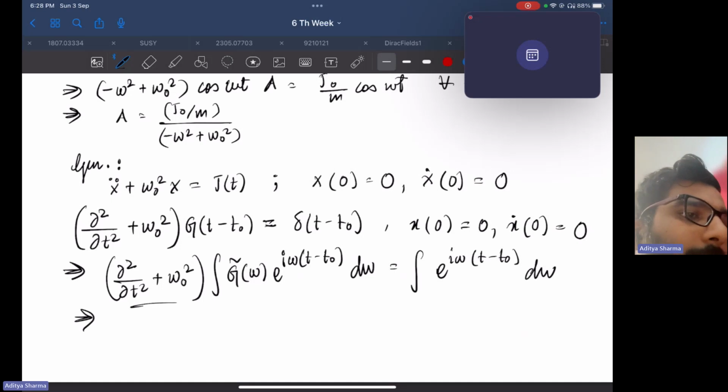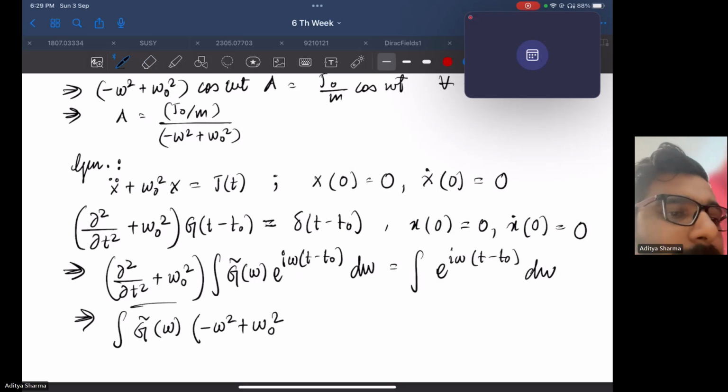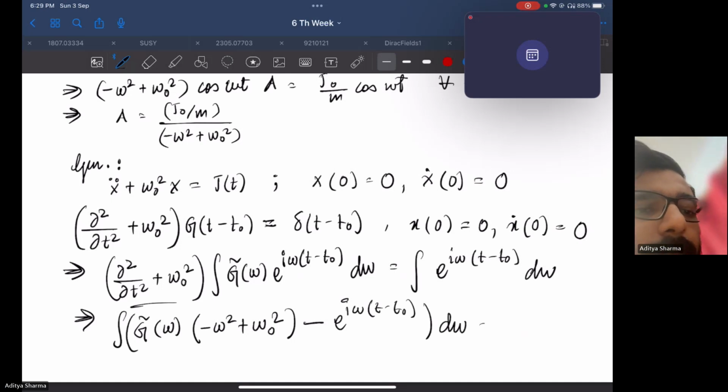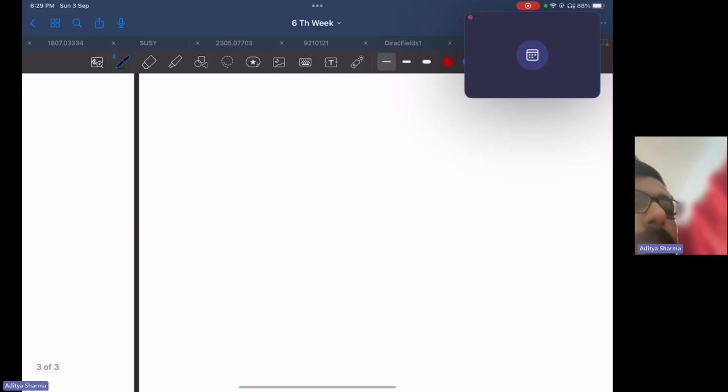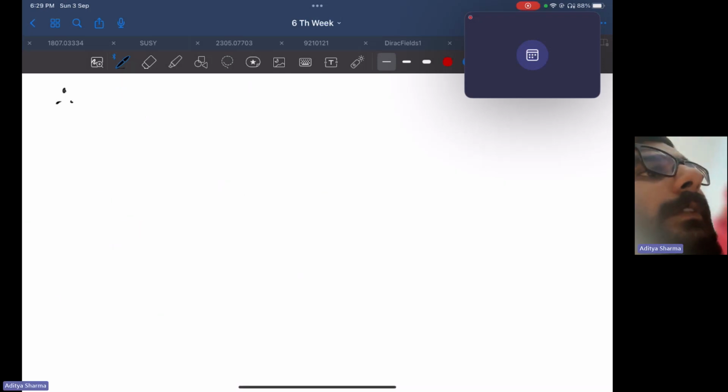Now this operator will act inside and it will give us minus omega square plus omega naught square, times e to the power i omega t minus t naught. Therefore, G tilde of omega is 1 over omega naught square minus omega square.